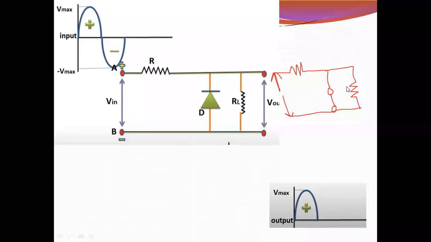If you are moving along a way which is divided into two parts, in one part you have many obstacles and in the other you don't, definitely you will select the path with no stones, which is ready to walk in a smooth way. In the same way, current will choose this short circuit path. The current won't go in the resistance path.